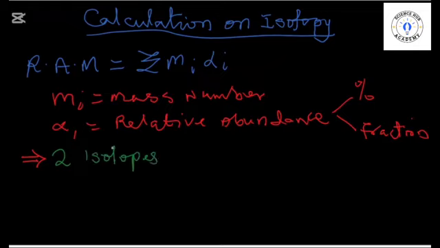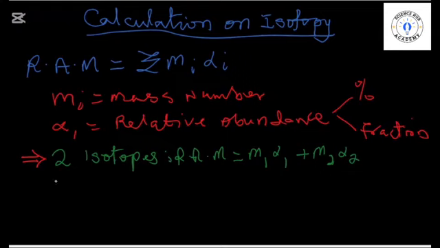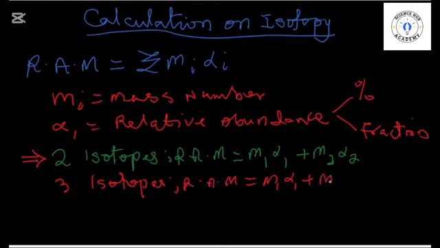the relative atomic mass will be equal to m1 alpha 1 plus m2 alpha 2. If you are dealing with three isotopes, the relative atomic mass will be equal to m1 alpha 1 plus m2 alpha 2 plus m3 alpha 3.